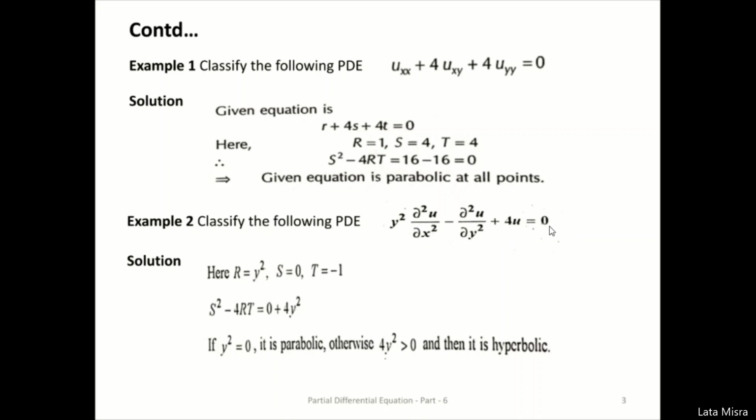Now we find the values of R, S and T. R is equal to y square, S is equal to 0 because there is no del 2 u upon del x del y, T is equal to minus 1, and when we use R, S, T in S square minus 4RT, we get 4y square, and 4y square is always greater than 0, so the partial differential equation is hyperbolic.